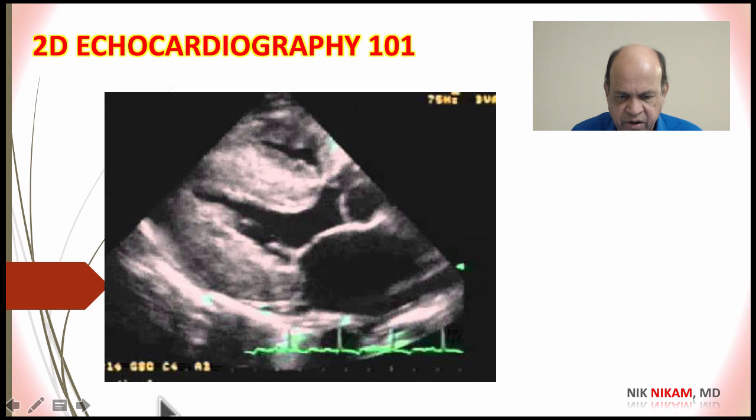Let's move on here. Now this is hypertrophic cardiomyopathy. As you can see, compared to the previous example, we have gross thickening of the left ventricular wall. The left ventricular cavity is extremely small, and this is a classic case of hypertrophic cardiomyopathy.